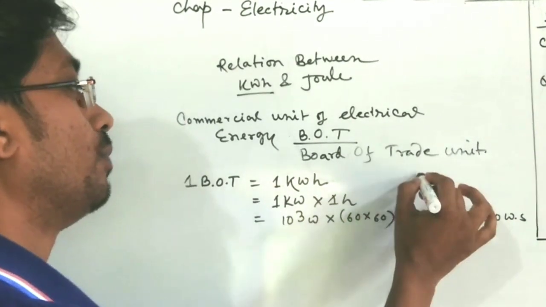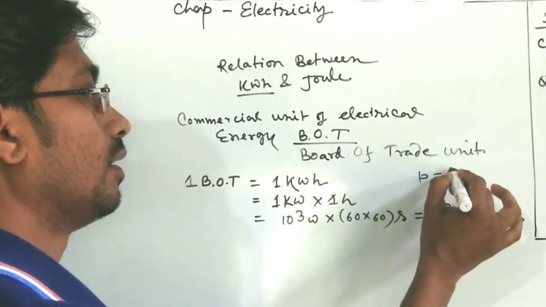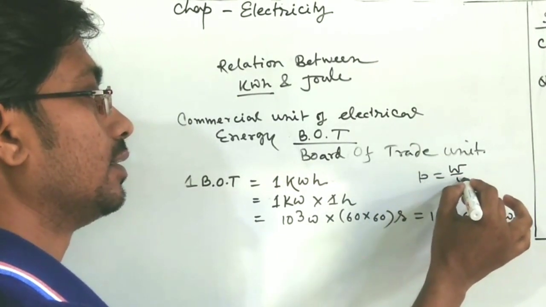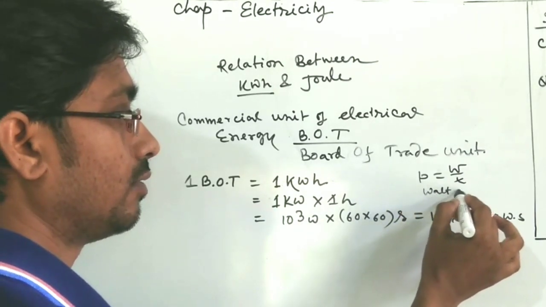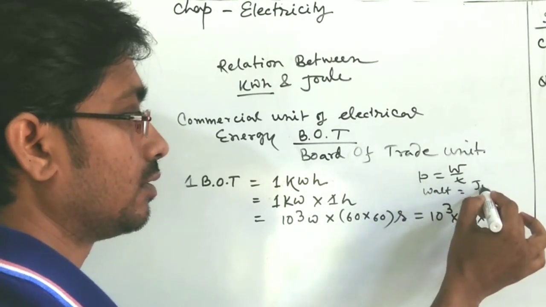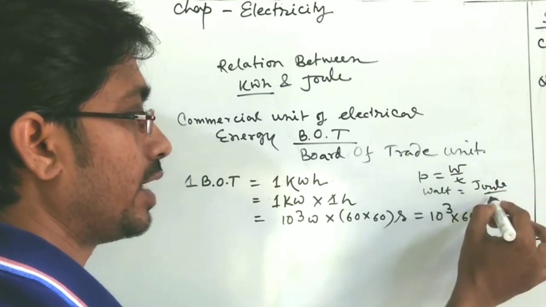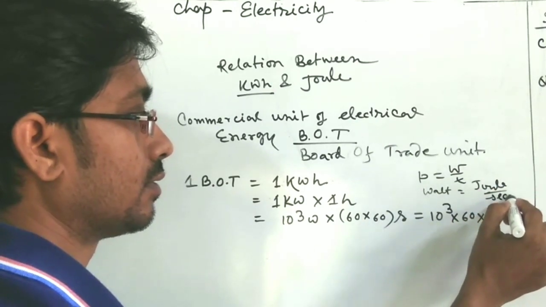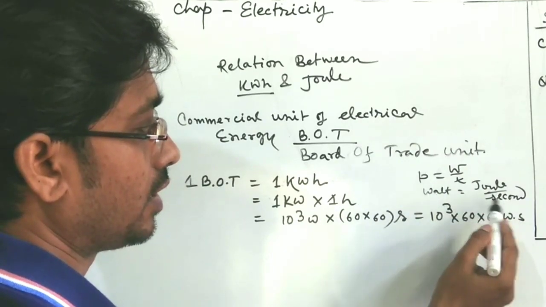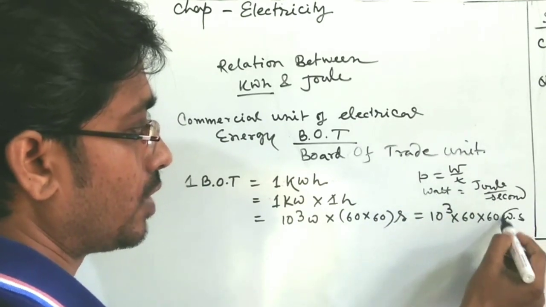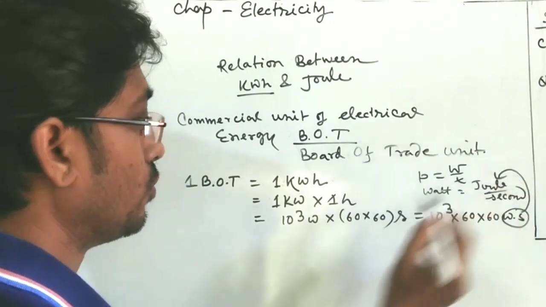Watt second, we know power is equal to W by T. What is the power unit? Watt. What is the unit of work? Joule. What is the unit of time? Second. So if you multiply watt into second, then you will get joule. So watt second is nothing but joule.